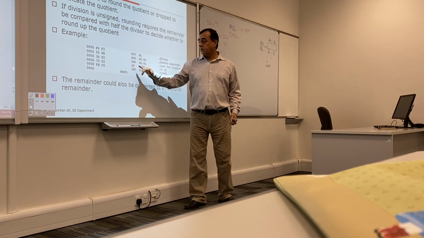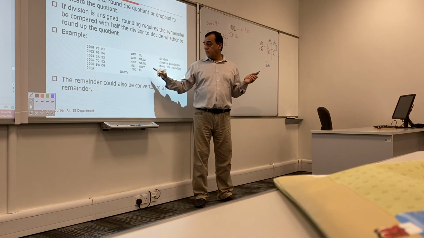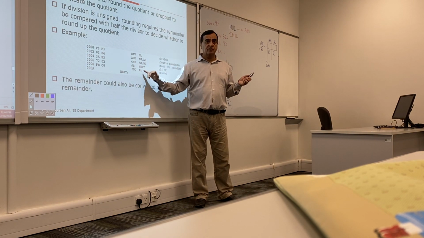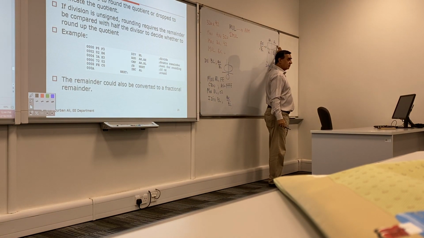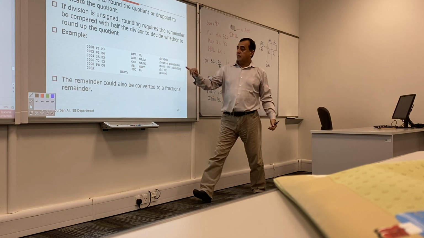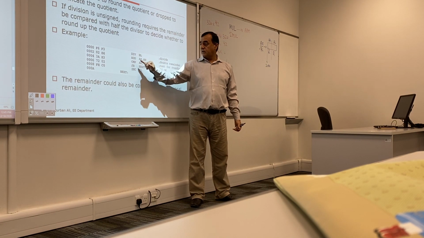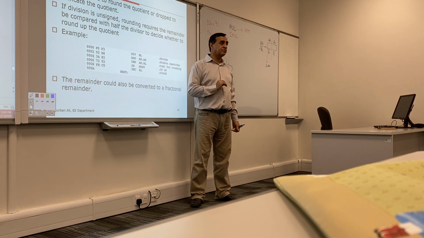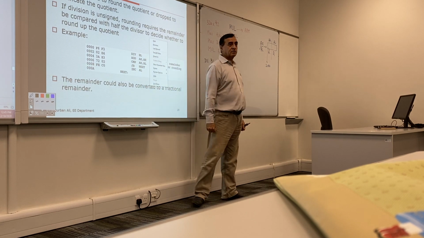If it is below, forget it. If it is not below, increment the quotient. This is what you see here. I am dividing, doubling the remainder, comparing with BL. If it is below, forget it. If it is not below, increment the quotient.